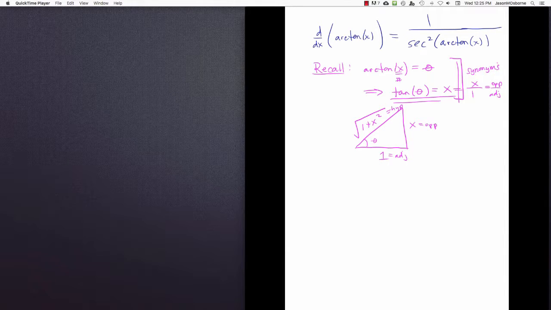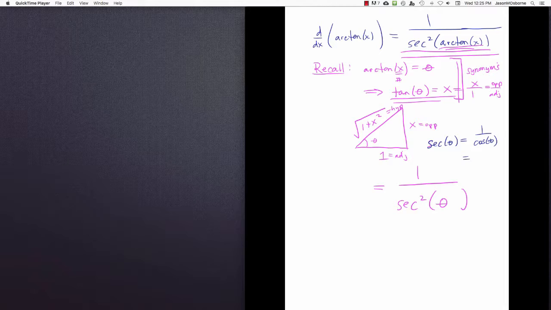Now, to finish the secant squared of the arctangent, we just need to find the secant squared. Arctangent of x was equal to theta, so let's read the secant squared off of this triangle. Can you find the secant of the angle theta? Secant is 1 over the cosine.